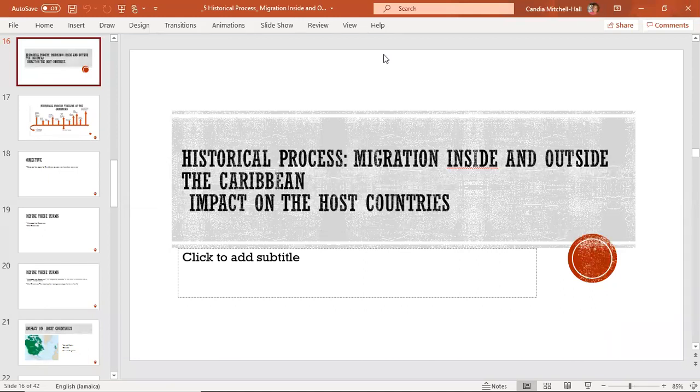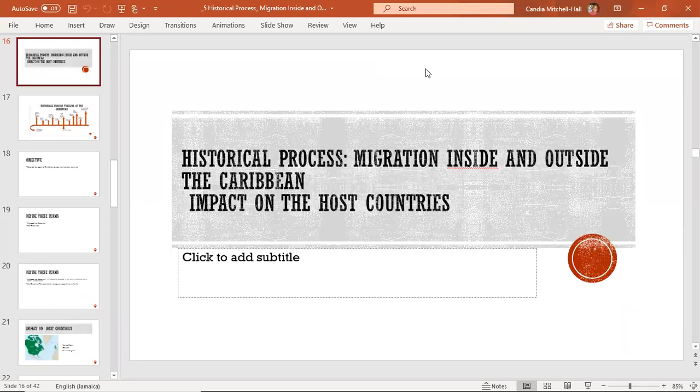Sir, from Jamaica to Trinidad. Yes, from Jamaica to Trinidad. What another place? From Trinidad to Barbados. Which we looked at a very important migratory pattern to Central America. What was that? Go ahead, Jackson.